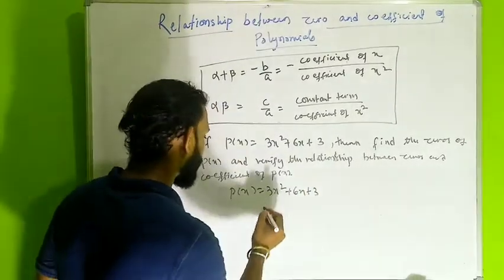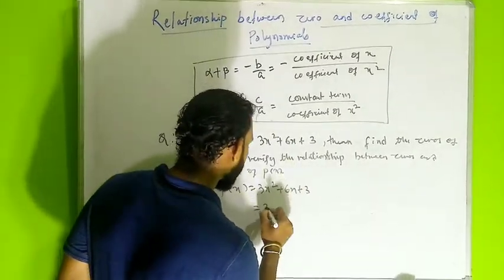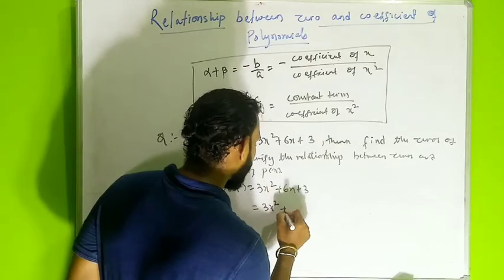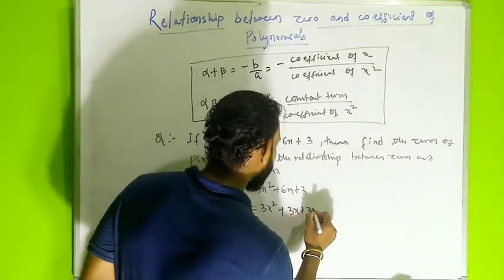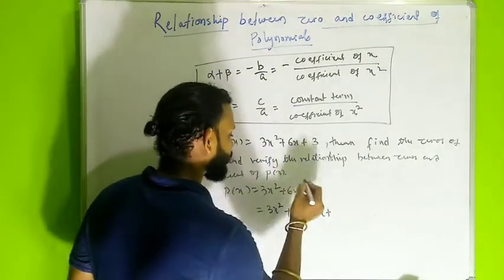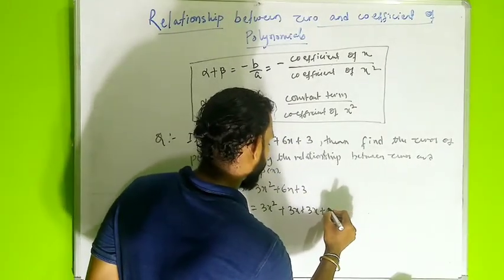So let us see. If I split this into two parts, so let us say 3x square plus 3x plus 3x plus 3.